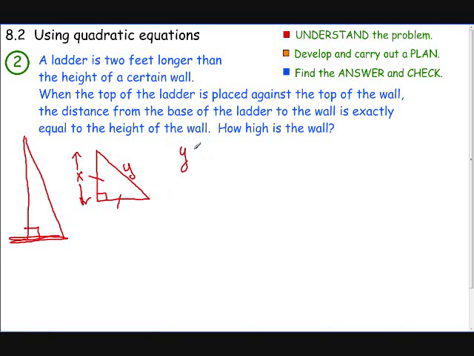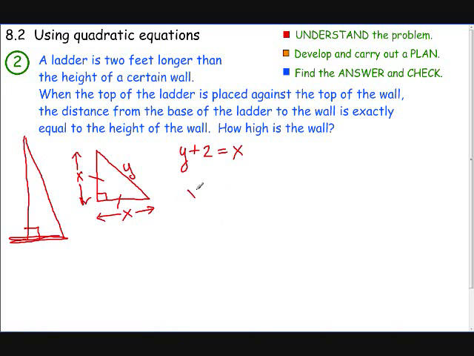Y plus 2 equals X. True? All right. And the Pythagorean theorem tells me, oh, and we were told that these are equal, right?